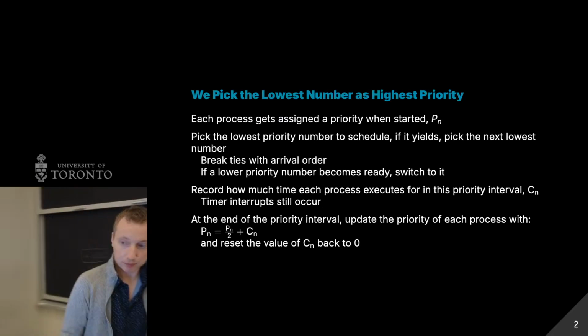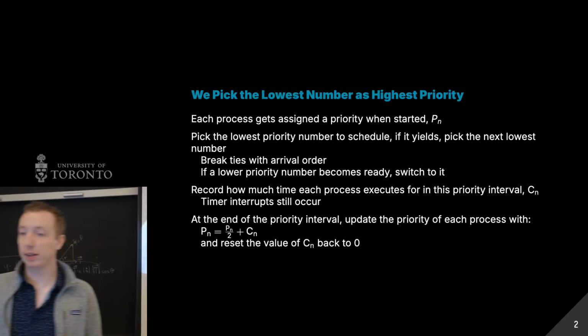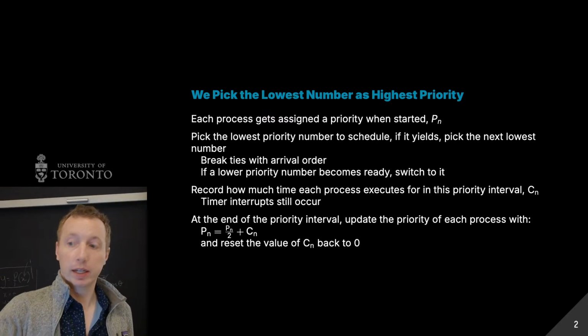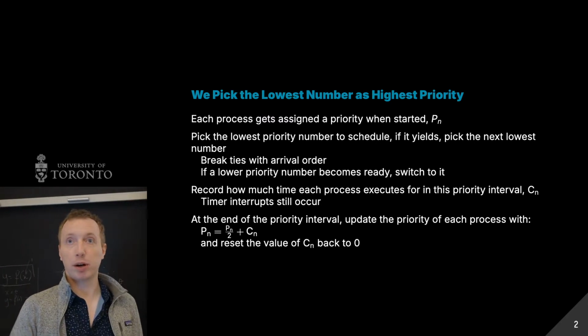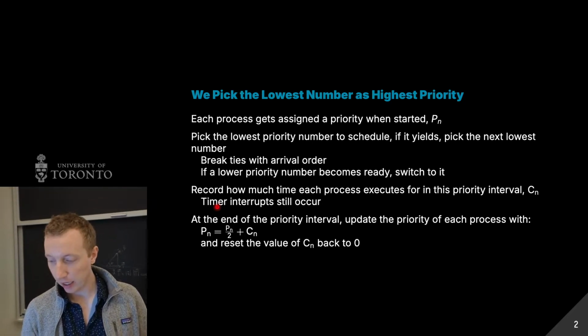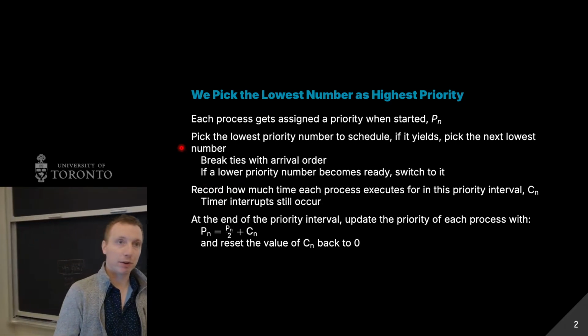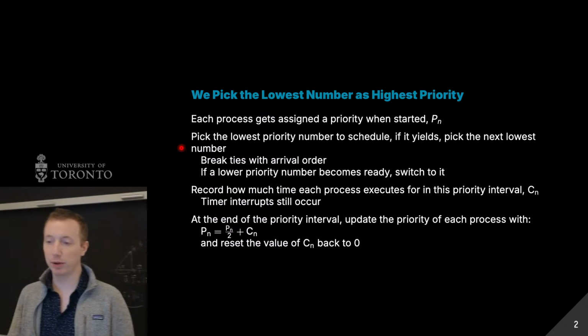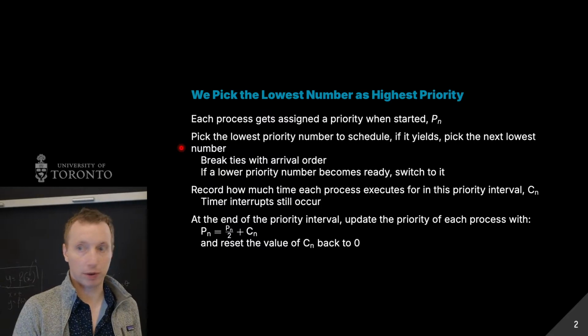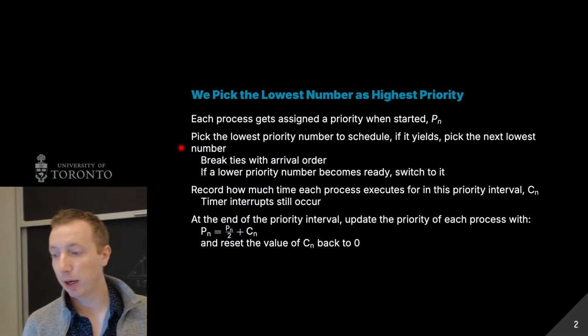In this scheme, the easiest thing to do is to pick a lower number to mean the highest priority. Each process gets assigned some priority when it starts. Let's call it P. The algorithm literally just picks the lowest priority number to schedule. If it yields or gives up the CPU or wants to go to sleep, we just pick the lowest number.